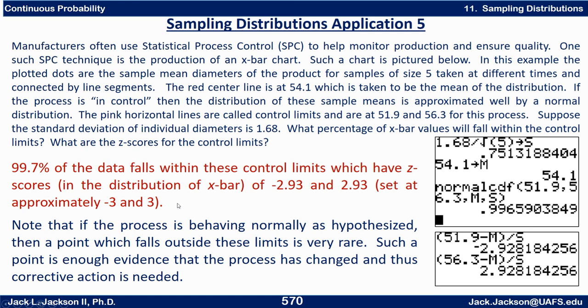So those are the z-scores that go with these values, with the control limits. So notice that they're set approximately 3 standard deviations above and below the mean, and so that's about 99.7% of the data.